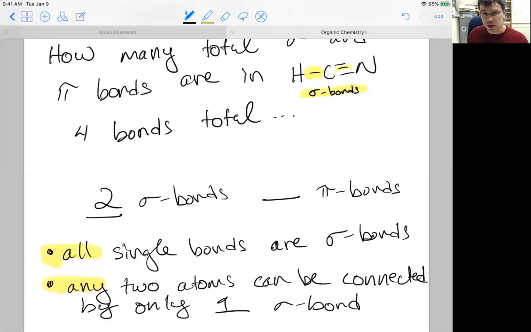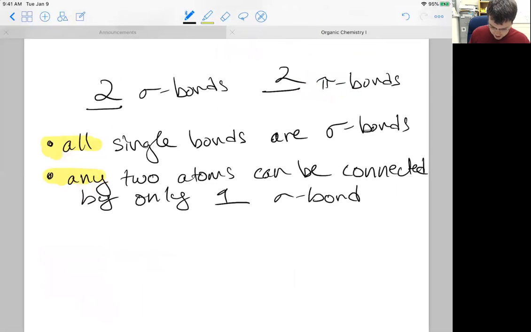However, if we have 4 bonds total, that means we also have 2 pi bonds in our system. And that's true. So we have 2 pi bonds connecting the carbon and nitrogen together. What this means is that while any 2 atoms can only have 1 sigma bond, they can have 1 to 2 pi bonds.